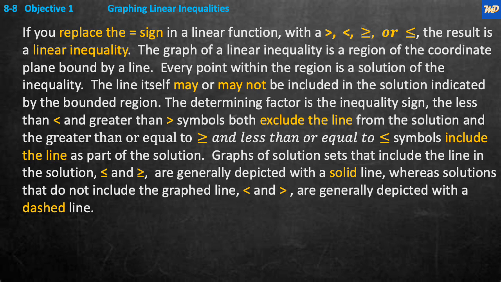Graphs of solution sets that include the line, less than or equal and greater than or equal, are generally depicted with a solid line, whereas the solutions that do not include the graph line, less than and greater than, are generally depicted with a dashed line. That indicates to you that they don't include the line. If it's dashed, don't include it as part of the solution. Okay?